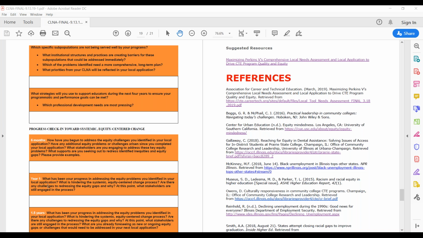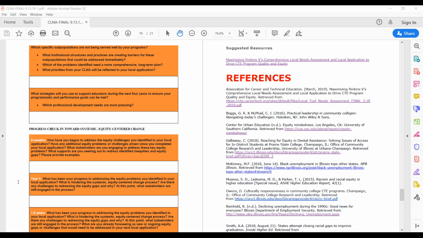And so as part of this, what we are hoping to provide is both facilitation, and then you can see that in February to March, some opportunity to actually have face-to-face interaction with at least half of your key stakeholders that you're identifying on your CLNA, and also that you would be with at least another community college.